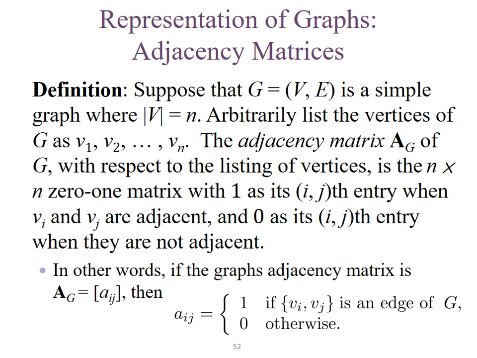And then we can use a binary matrix, 0 and 1, to indicate if we have an edge between vertices i and j. So the entry ij is defined as follows: if we have an edge between vertex i and vertex j, then the ij entry of this matrix will be 1. Otherwise it's 0.